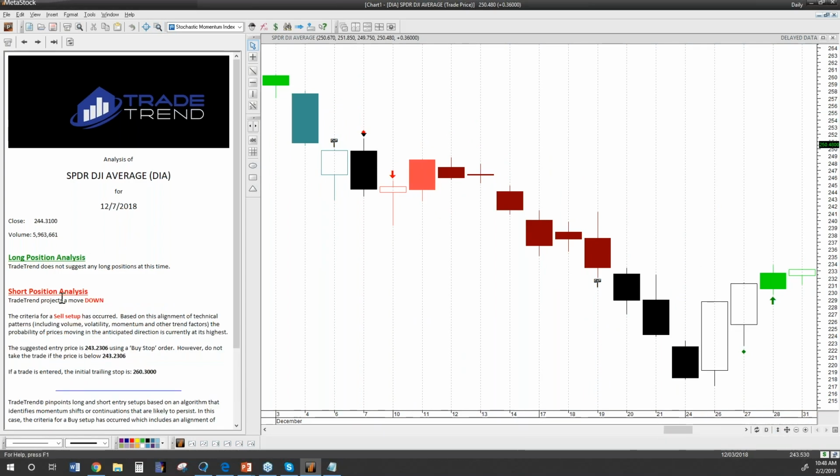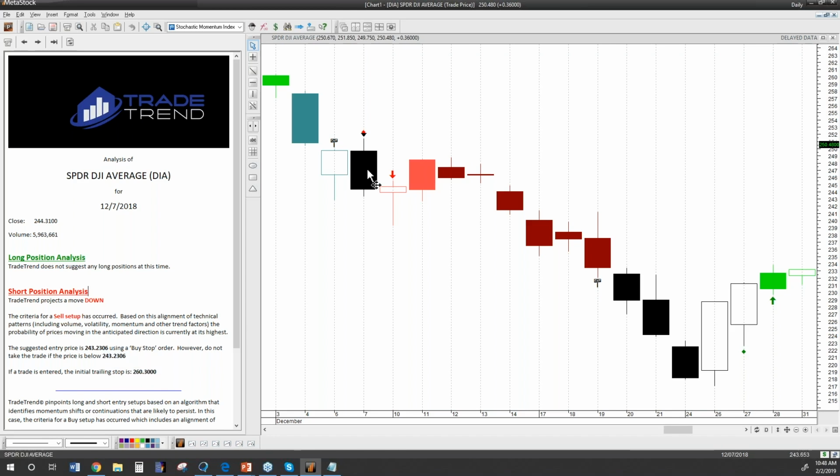If I click on that day, it'll show you that the criteria for the sell setup has occurred based on the alignment of the technical patterns, including volume, volatility, momentum, and trend factors. The probability of prices moving in the anticipated direction is currently the highest. Here's that suggested entry price. Do not take the trade if the price goes below this price. And here's your initial trailing stop.